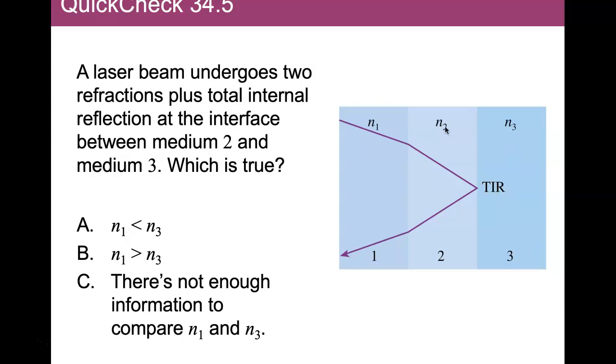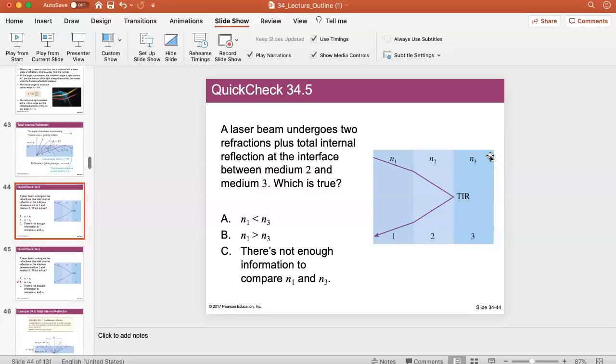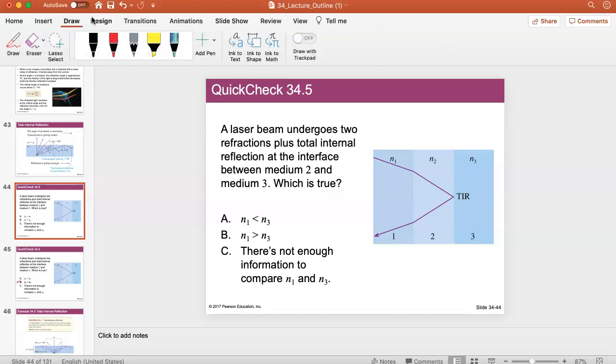So we know N3 is smaller than N2. Okay, so let's write it here. Right, you would get total internal reflection if the tendency is to bend away from the normal.